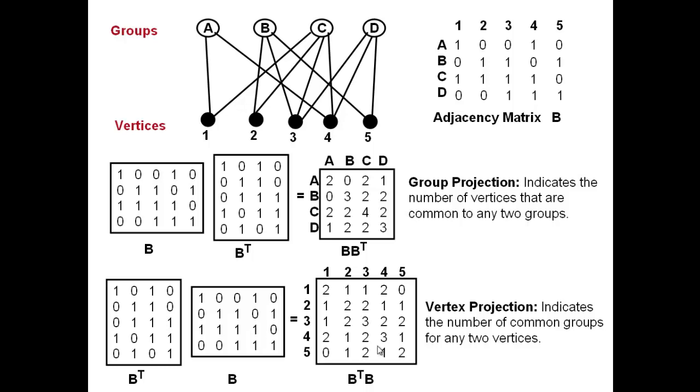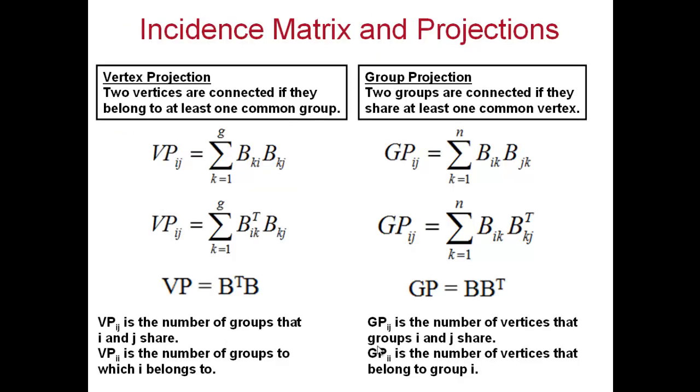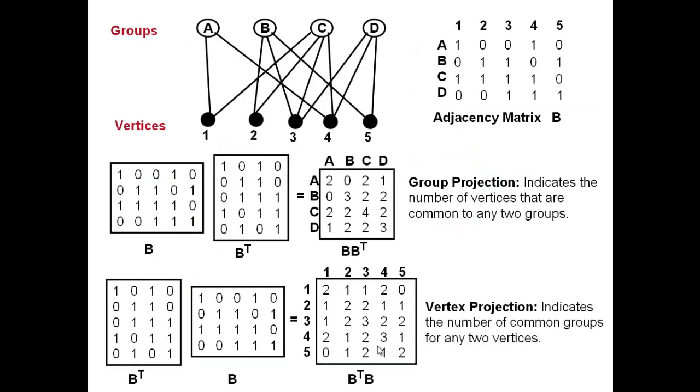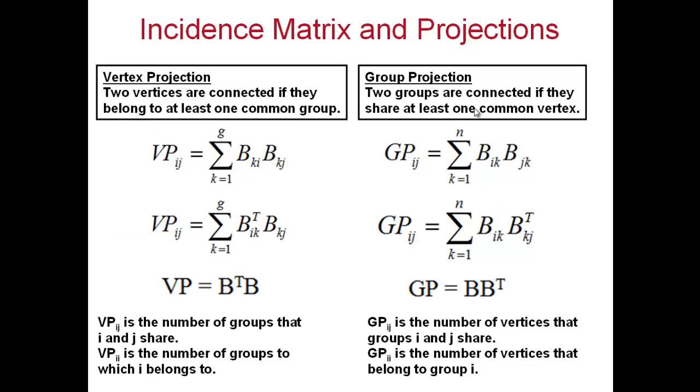Using a similar approach, we can get a group projection. For group projection, we want to build a graph of just the groups. So here we have 4 groups A, B, C, D, and we want to build a graph of these 4 groups. So again, we now consider the vertices that are affiliated with 2 groups. 2 groups I and J are going to have an edge between them if there's at least one common vertex that is affiliated to both I and J. That is why in the summation I'm considering K to be the vertex IDs.